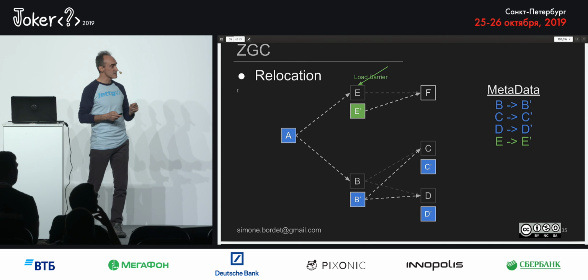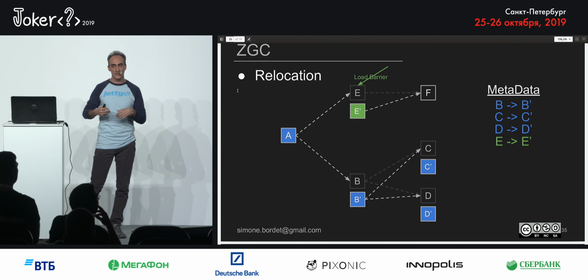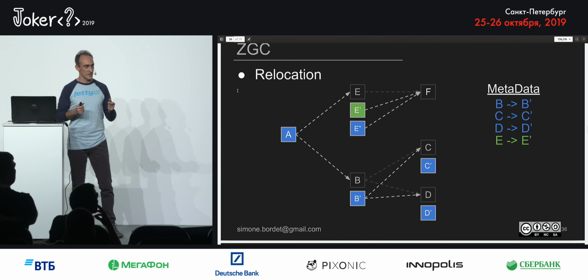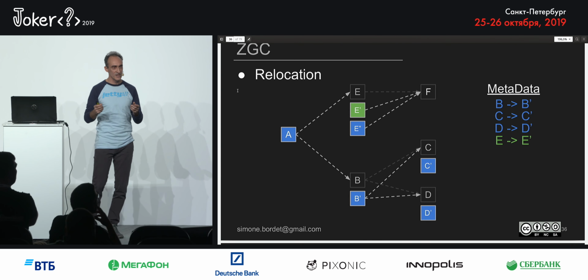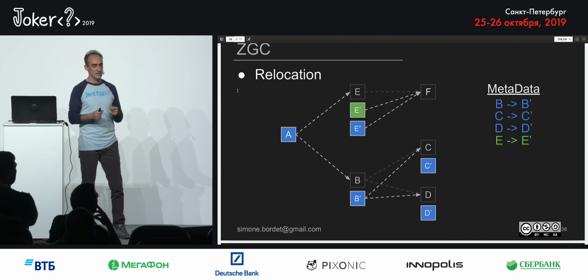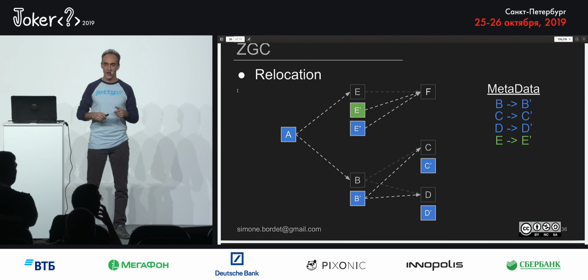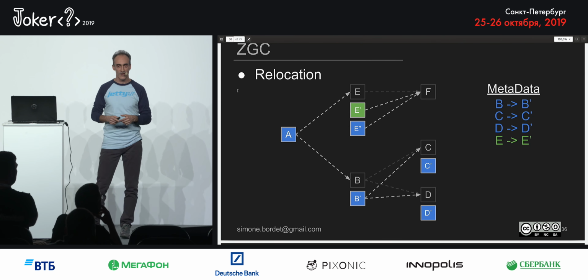Exactly at that moment, when the application thread is doing all these things, the garbage collector arrives. What happens? The application hasn't finished yet, but the garbage collector goes in and says, okay, what is the color of this pointer? It's the wrong color. Okay, what is the phase of the garbage collector? It's relocating. Okay, I need to relocate this object.